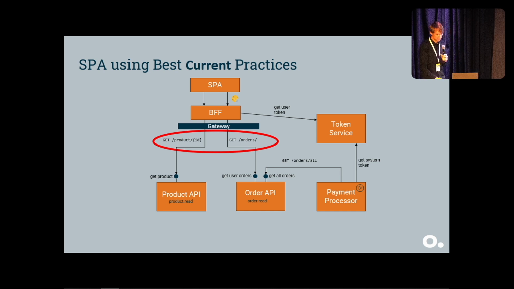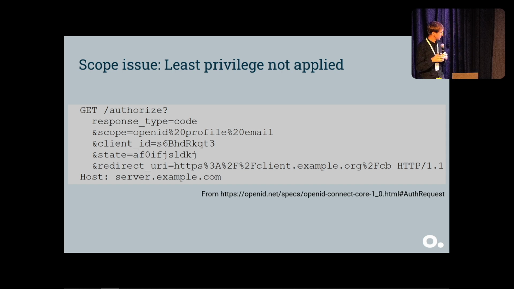So this API authorization, why is it so hard for APIs to do proper access control? And this BFF pattern here sometimes makes it a little bit harder, and it concerns the scopes, which add some challenges to the APIs here. So now we'll look at that. If we look at the authorization request that initiates the login flow here with OpenID Connect and the code flow, it looks like this, and it goes through the browser.